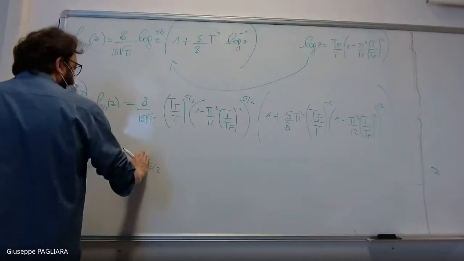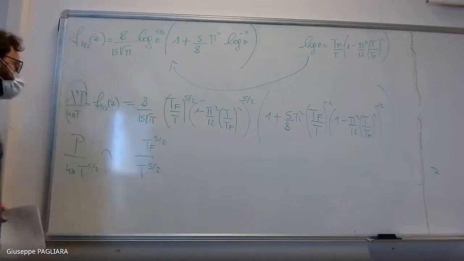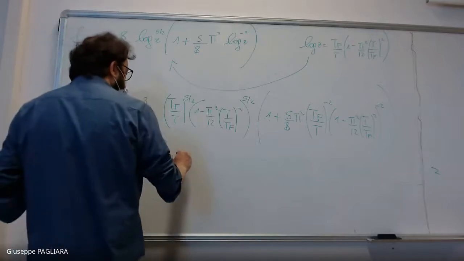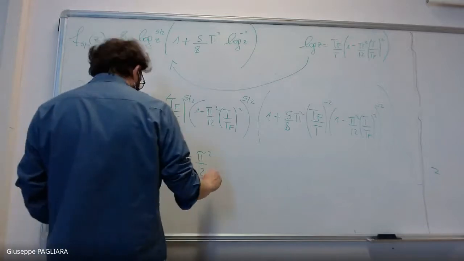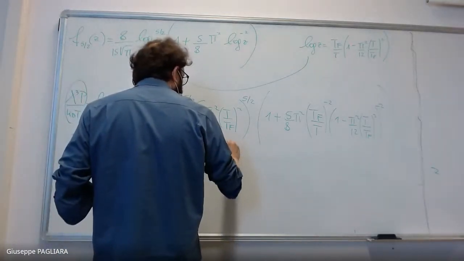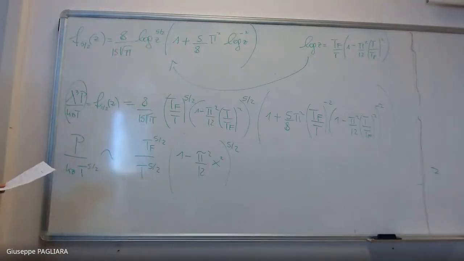Times T_F to the power of 5 half, apart from the prefactor. And then I have all these terms here, which are 1 minus pi squared divided by 12, and let me call this quantity x squared, to the power of 5 half.